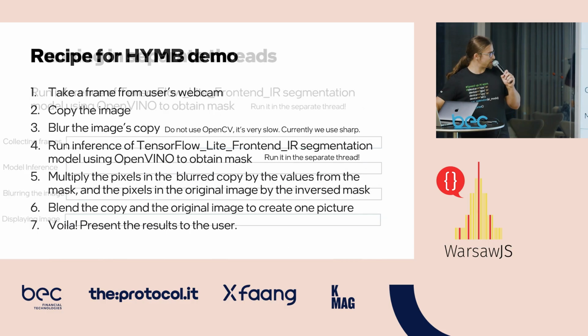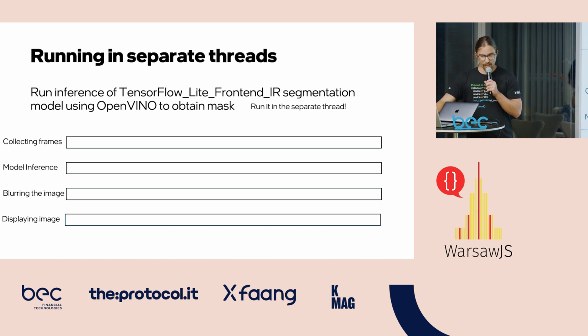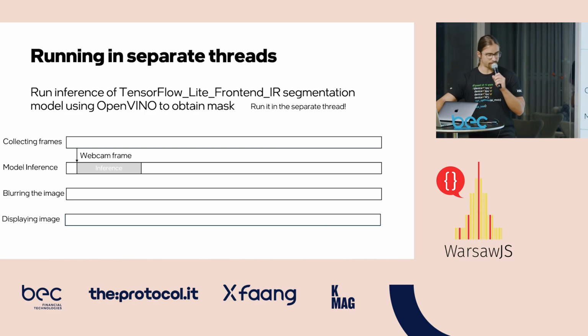This is not the end. Okay, here we are. So these are the 4 threads that are in this application. First, we have the collecting frames thread, which just takes frames from the webcam and makes them available for us in the code. Later, in a separate thread, we run inference on this frame, and we get the result mask for blurring.